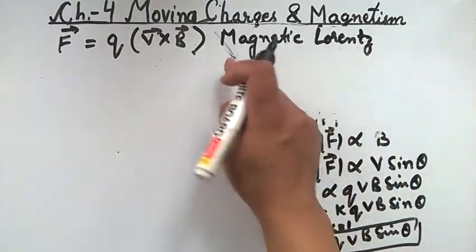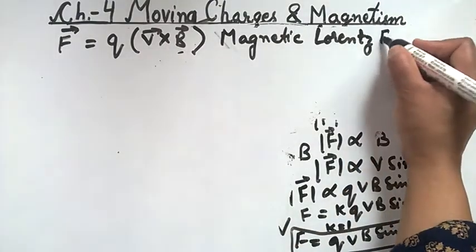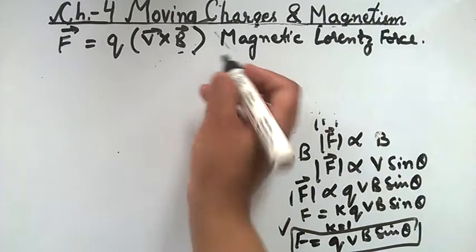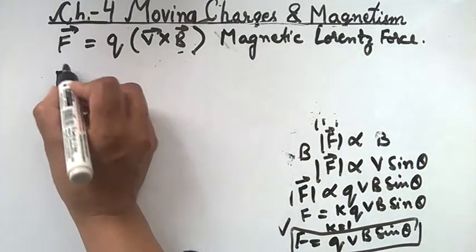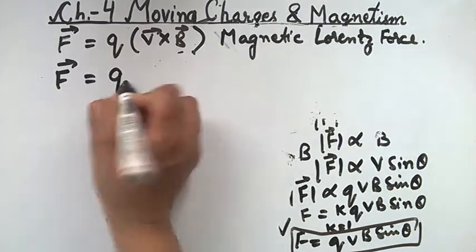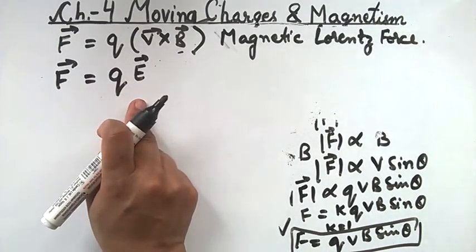That is, charge experiences a force due to a uniform magnetic field. And if electric field also exists, then the force experienced by a charge is q into electric field. We have done this in chapter number 1.